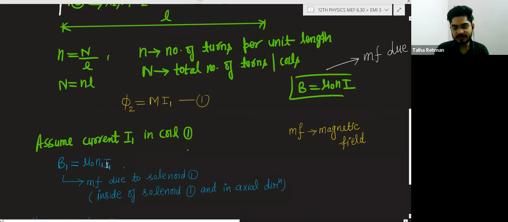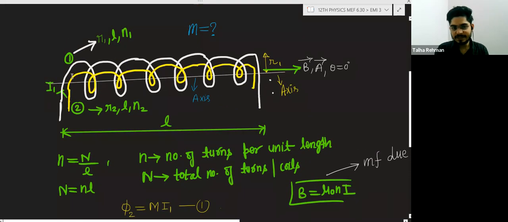When the current decreases, the magnetic field will decrease, and this magnetic field is inside the white color solenoid, and inside it there is another solenoid also. So the magnetic field linked with the yellow color solenoid will decrease. Now focus on the yellow color solenoid.